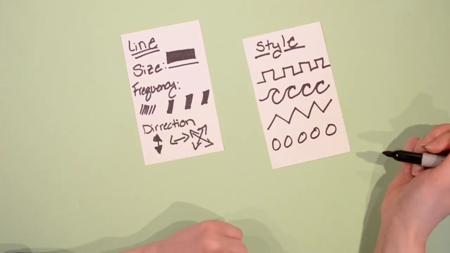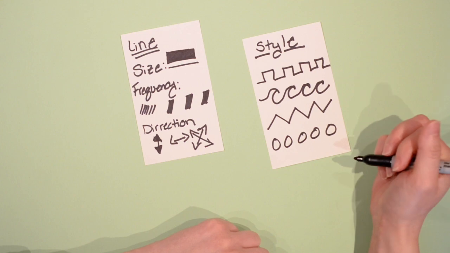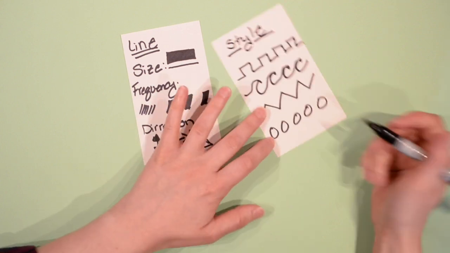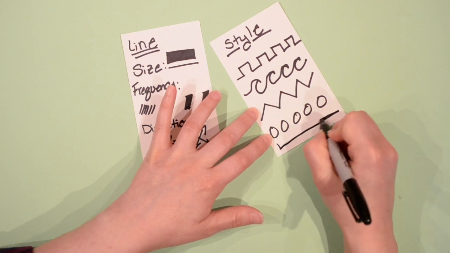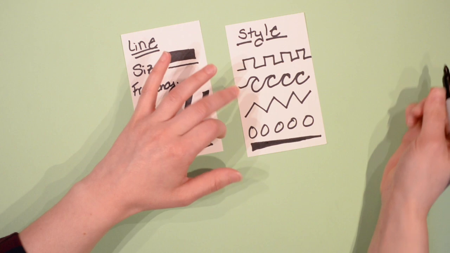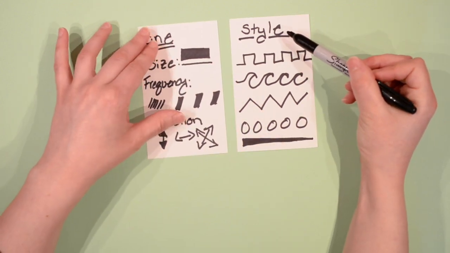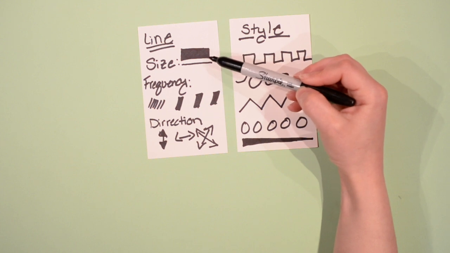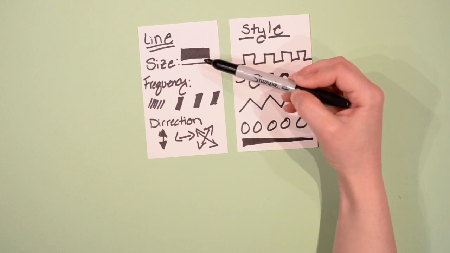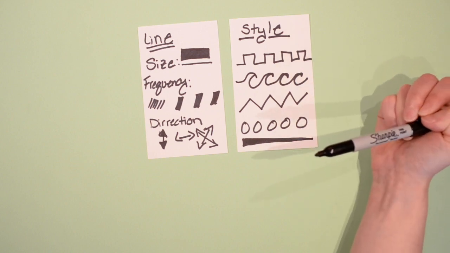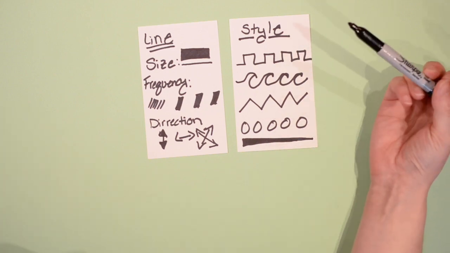Is it dashed? Is it straight? Is it curly? Is it conical? Does it start fat and become skinny? Okay. What does it appear to be? That's its style. So your lines that you're going to create are going to have different sizes, different frequencies, different directions, and different styles. I want to see what you can come up with.